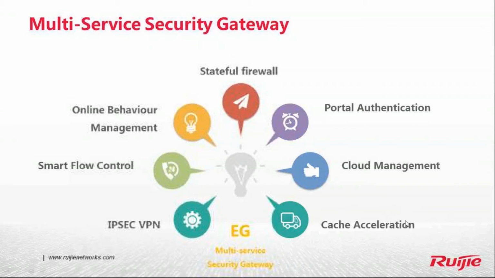Cache acceleration, I already talked about this one. In our security gateway, you can store the cache for mobile applications. After that, you can do some acceleration, so the user will download all the mobile applications from this security gateway.